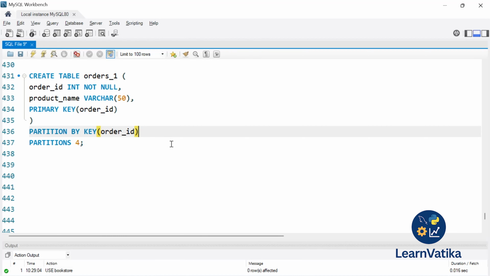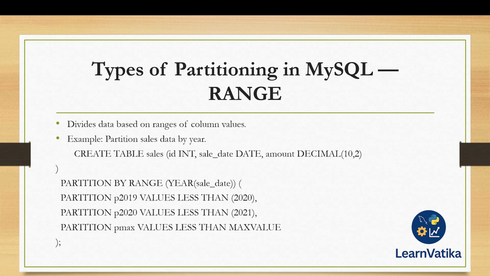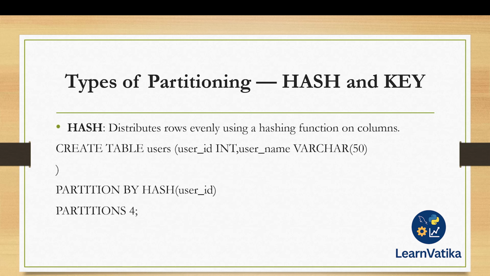In this way, the data will get entered, so that whenever we want to retrieve the data based on the order_id, while fetching, it will help us speed up and improve performance because of partitioning. In this way you can create partitions with the help of hash, range, or list.